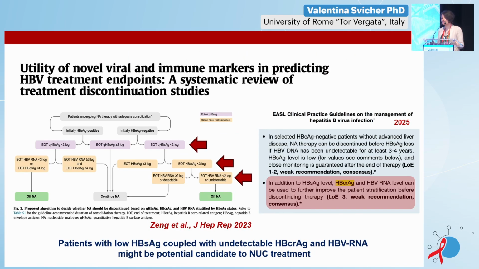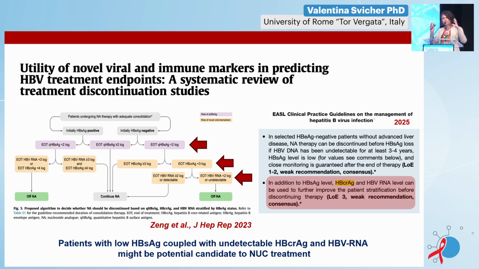As supported in this systematic review and also suggested by the new version of the current guidelines, the diagnostic accuracy of HBsAg can be further increased by integrating, combining HBsAg with correlated antigen and HBV RNA.